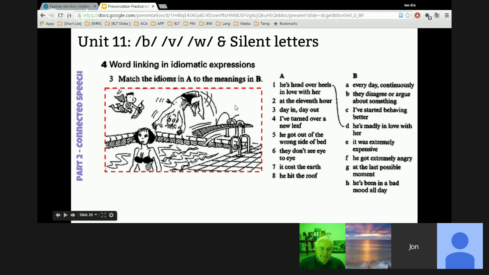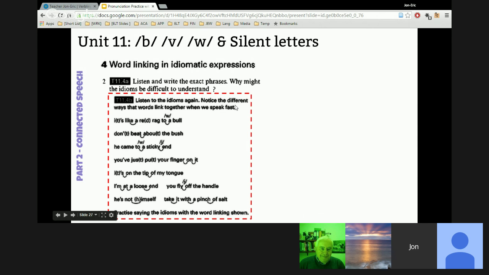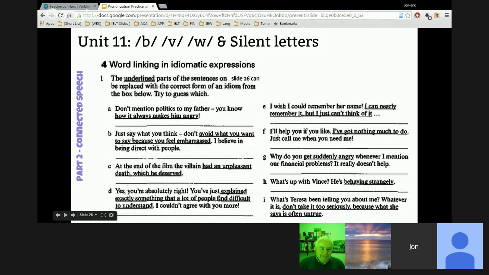In the meantime, if you like, you can finish E to I as well, and I'll be happy to correct them for you if there's any questions. The answers are at the end of the presentation, but if you have any questions, send me a message, or just wait till the next pronunciation class next Monday, and we'll go over all this together at the very beginning.